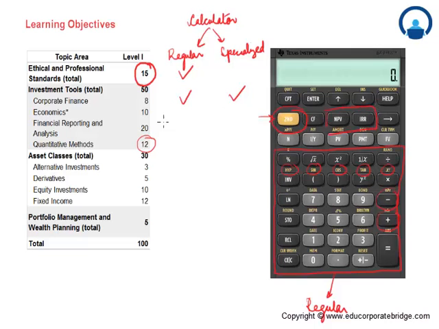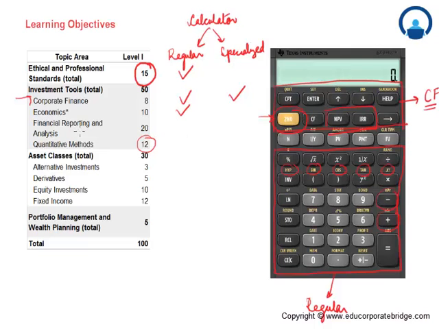So this is where corporate finance spends a lot of time discussing NPVs, IRRs, cash flows. So think of this as, when we talk about corporate finance, we will be discussing this area. Now economics, as far as I understand, only a regular usage would do.